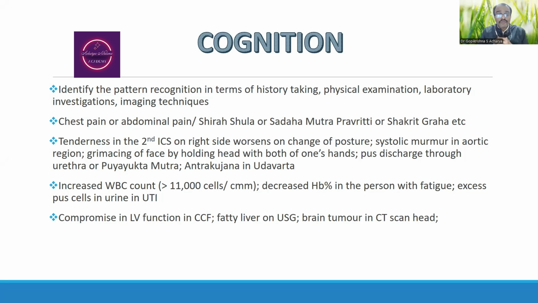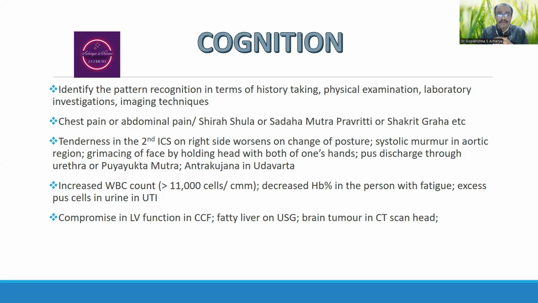That means we are going to identify the pattern recognition in terms of history taking, in terms of physical examination, in terms of laboratory investigations, and in terms of different imaging techniques. We are going to identify the patterns. For example, chest pain.